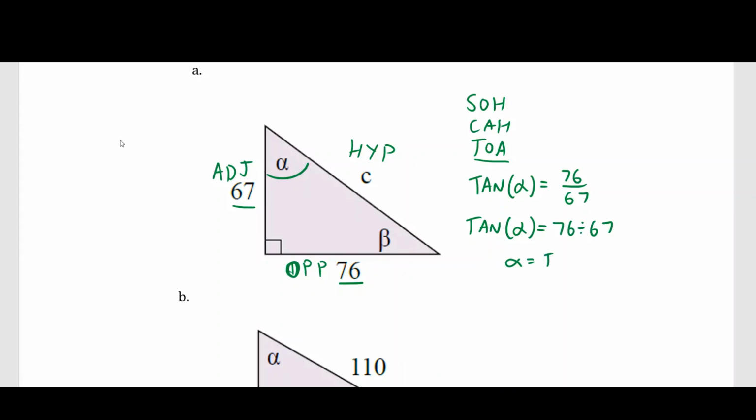So alpha equals tan to the negative 1, 76 divided by 67. Alpha equals 48.6.